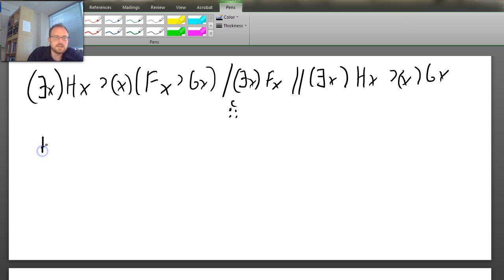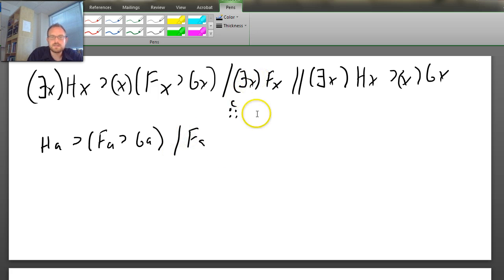That's going to be HA, then FA to GA, and then this is going to be FA because it's a particular, and then the conclusion here is going to be HA to GA. Okay, so let's test this. This was for the universe of one.